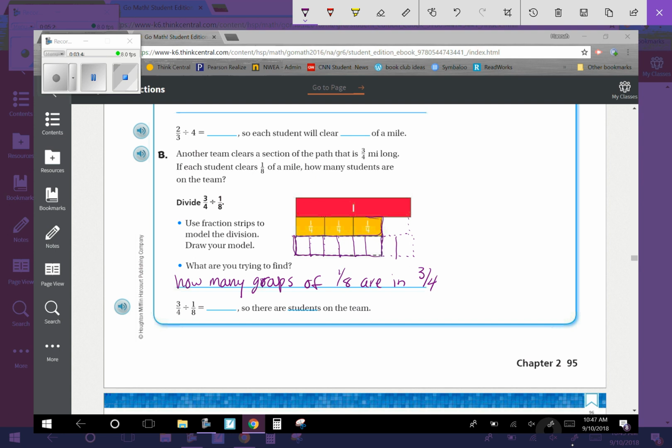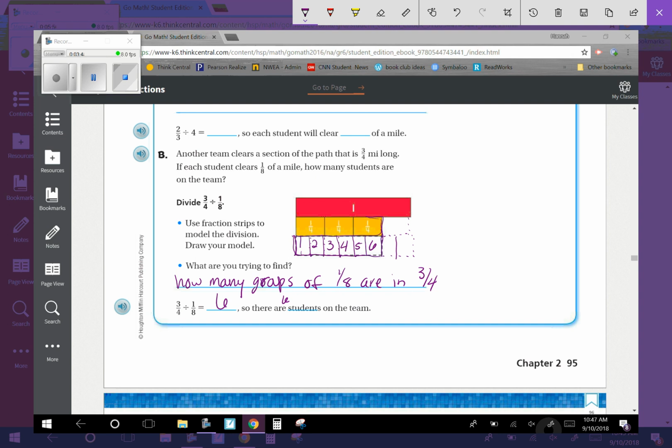I know that 1/8 is how much each student's clearing, but I'm wanting to know how many students are on the team. So if I look here, I'm looking to see how many of these boxes I have. So I have 1, 2, 3, 4, 5, 6. So that means that 3/4 divided by 1/8 is 6. So there are 6 students on the team.